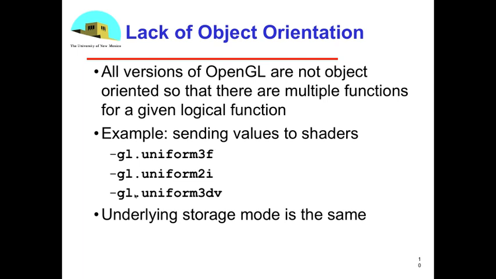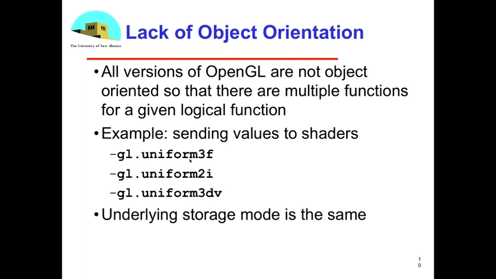And so here's a simple example. Uniform is a function we use to send data to a shader. GL will be the graphics object, or the graphics context, and it will have a member function called uniform, but it'll have various forms of uniform.